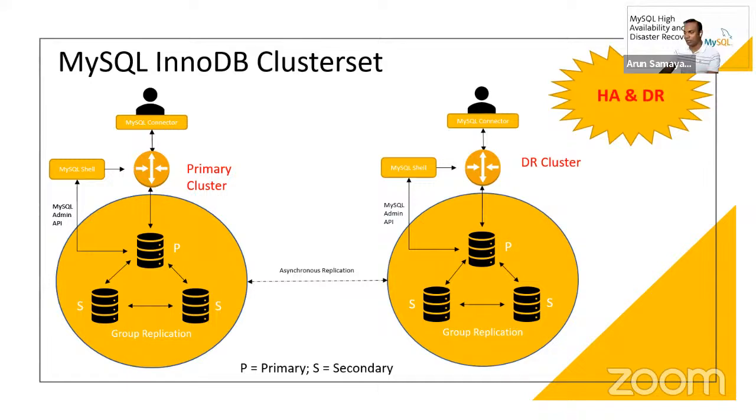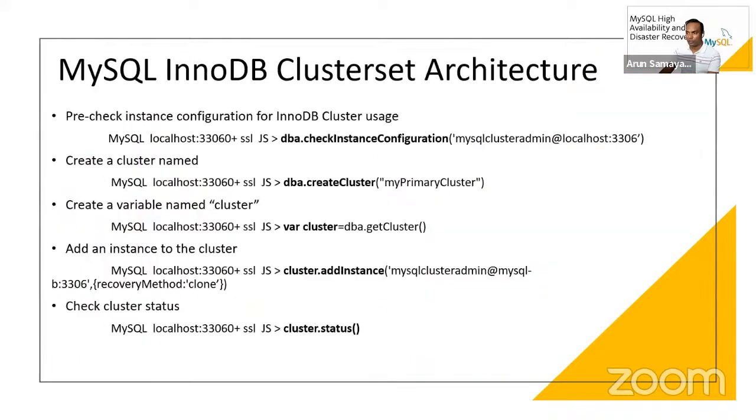The data is replicated asynchronously from the primary cluster to the DR cluster. Ravi sir briefly covered this earlier in the presentation. Now, this is the demo environment we currently have. Next slide, please. For cluster set, we use a similar set of commands, which we will share after the presentation so you have these with you as well. Next slide, please.